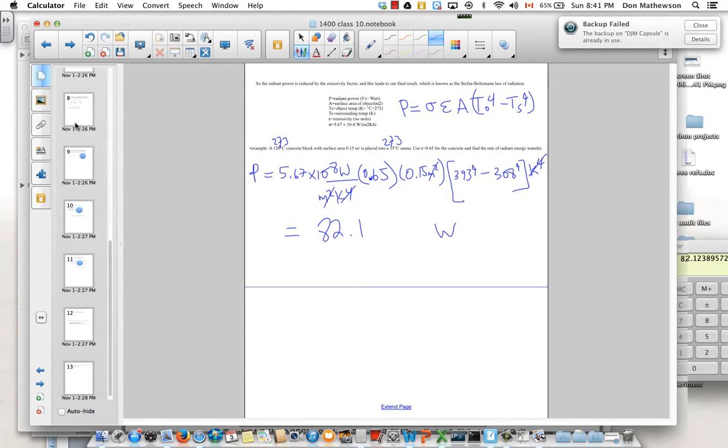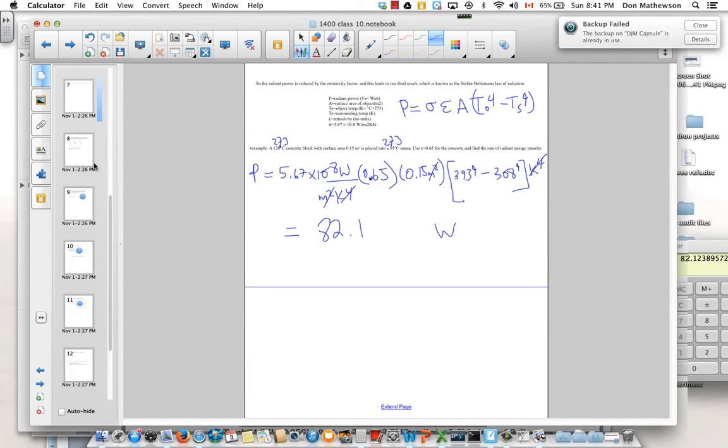Okay, next up. Oh, yes, okay, so we've got the sun, and there's the sun's surface temperature, and there's its radius. How much power does it emit?